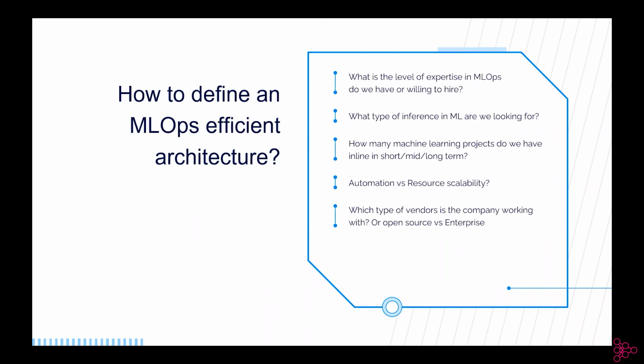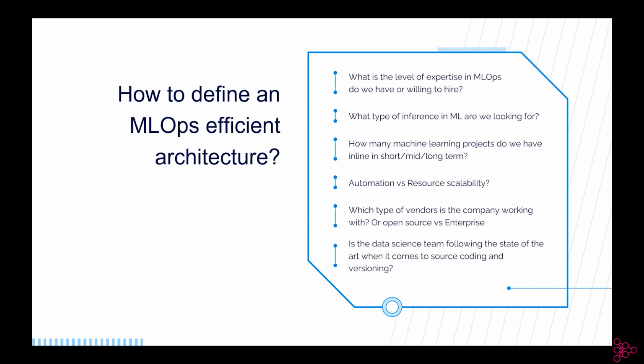Some are just 100% open source shops, so they don't want any commercial solution. They look more for open source solutions. Really depending on the company and typical vendor, some companies are 100% AWS, others 100% Microsoft Azure. All this has an impact on the architecture that you'll be building.